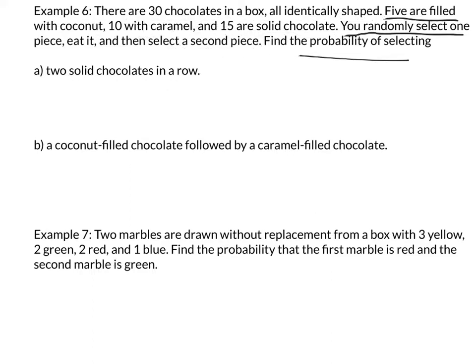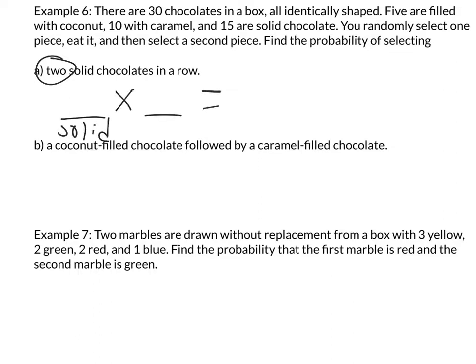So because I'm selecting 2 candies, that's why I'm multiplying. And if I'm selecting 2, that means I need to multiply 2 fractions together. We're looking for solid chocolate, followed by another solid chocolate.